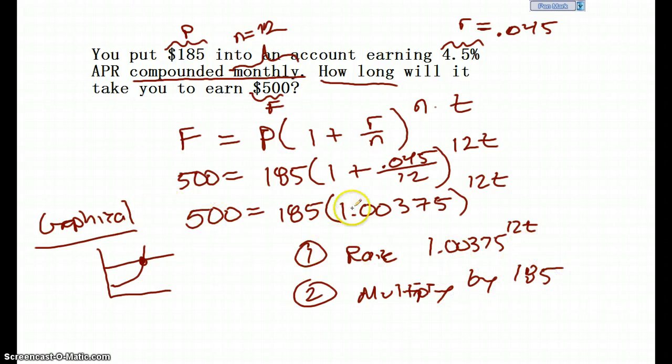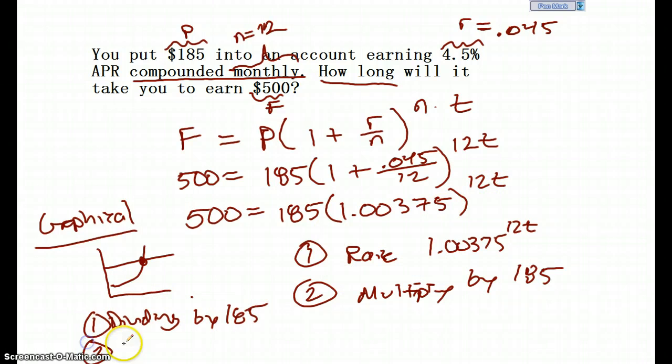Now, since I'm working in reverse, in other words, I'm not putting in something for t, I'm putting in something for y, or my output value, so I'm going to need to work backwards. In other words, I'm going to need to start by dividing by 185, and then I'm going to need to isolate t, bring t down. So I'm working entirely backwards here.